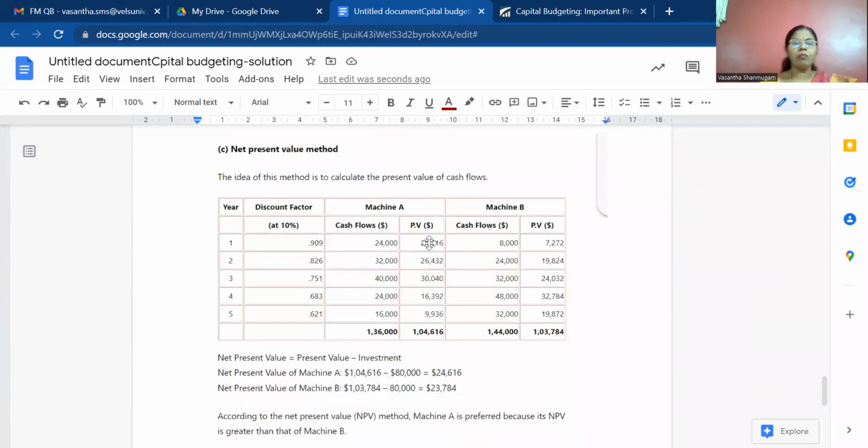Next, we move on to the same problem with the net present value method. It is given that the cost of capital is 10%.